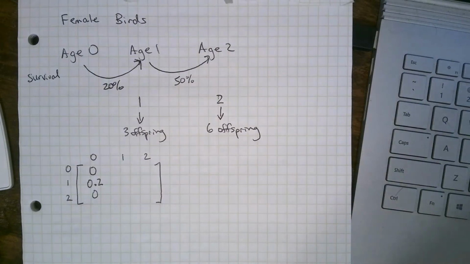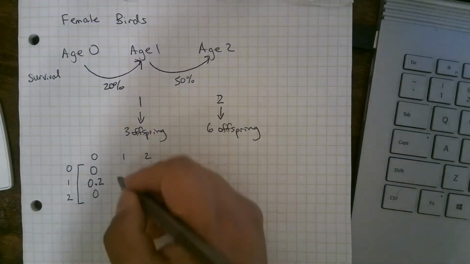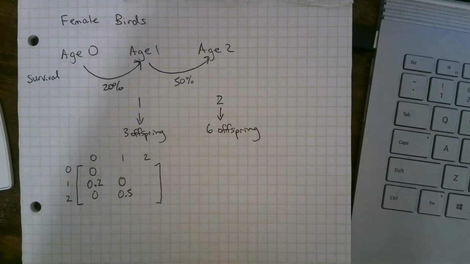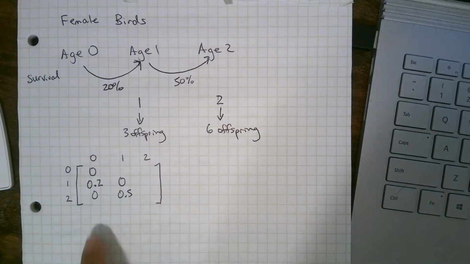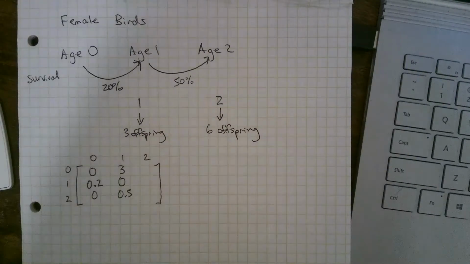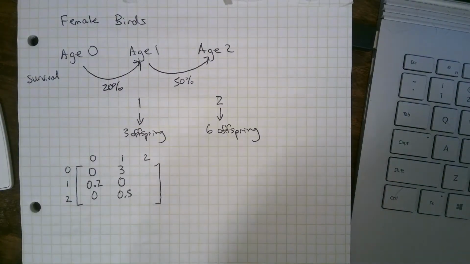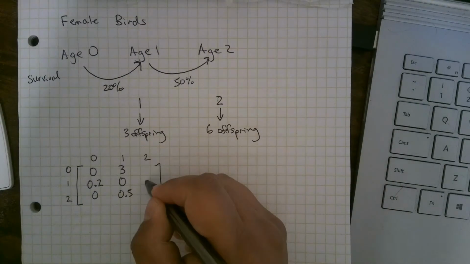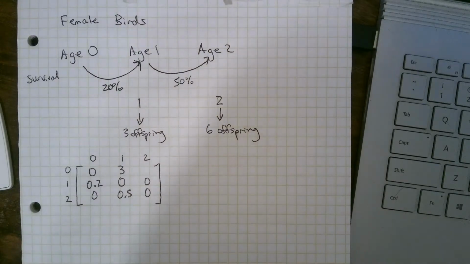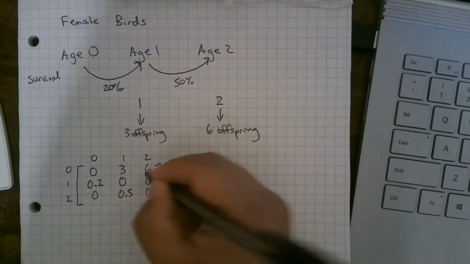If you're in age 1, you can't stay age 1. You have a 50% chance, or 0.5 probability, of getting to age 2. And you're going to birth 3 offspring. So there's a 3 there. And for age 2, you can't go back to age 1, you can't stay age 2, you're actually going to die, but you leave behind 6 offspring.